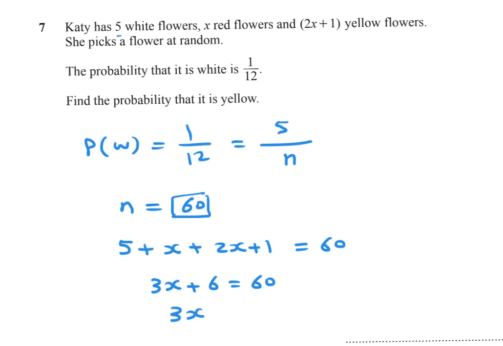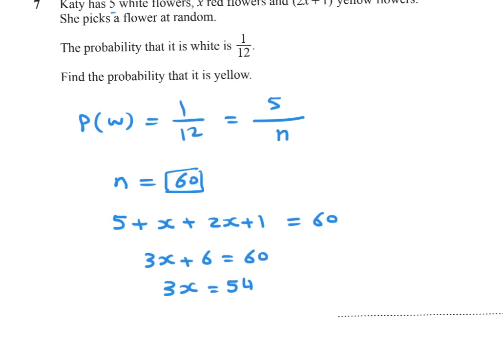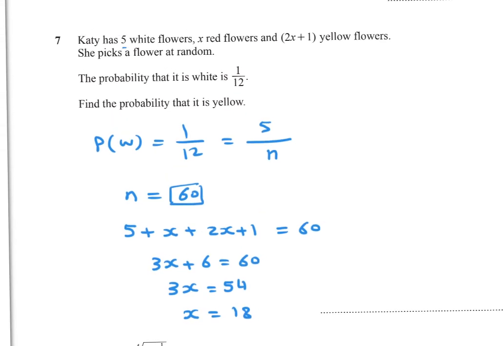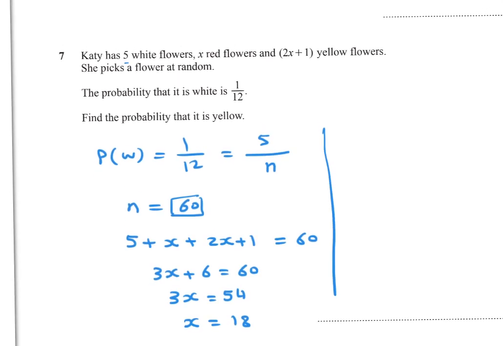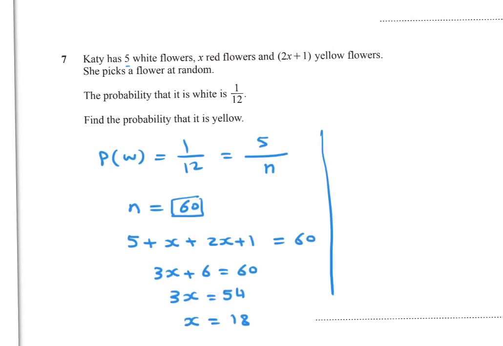So 3X equals 60 minus 6, which is 54. Divide by 3, so X equals 18. So now we have 18 red flowers because X, and we have 2 times 18 plus 1, so 37 yellow.